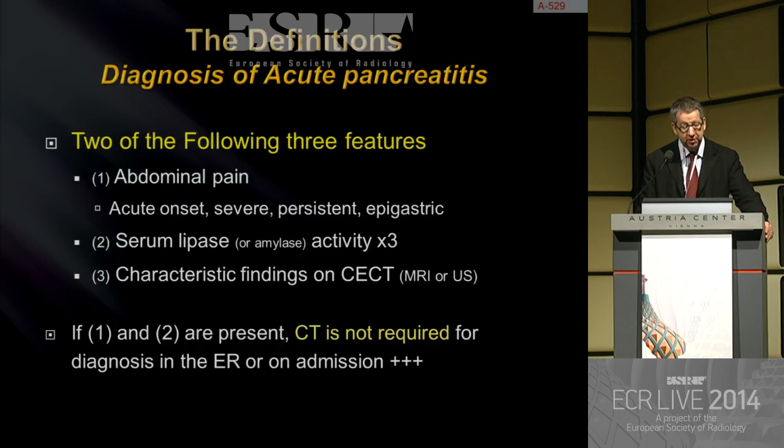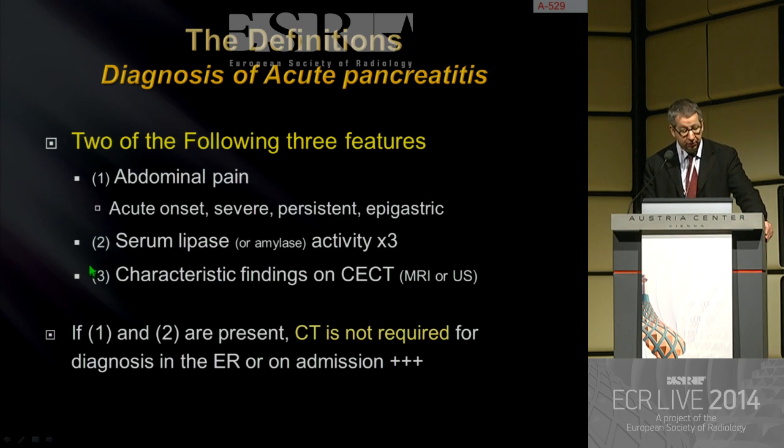First definition, diagnosis of acute pancreatitis. You need two of the following three features to accurately define an acute pancreatitis. First, an abdominal pain, which is an acute onset, severe, and persistent epigastric pain. Second feature, an increase of serum lipase activity 3 times above the upper limit of the normal.